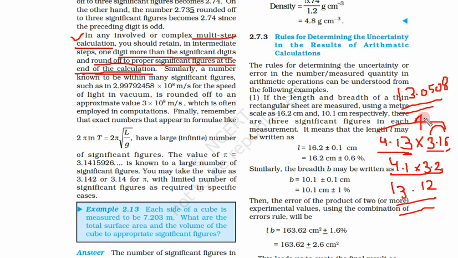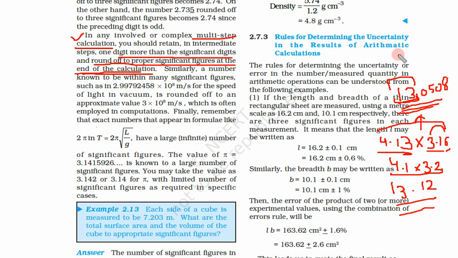We hold it, and only at the end stage of the calculation do we remove the insignificant digits. Since here this 3 was not significant, we take only two significant figures, that means up to 13. So we can round it off to 13.